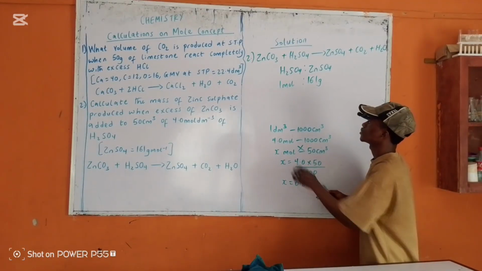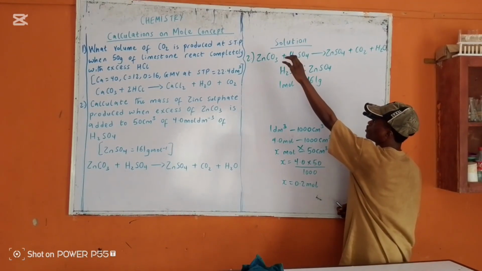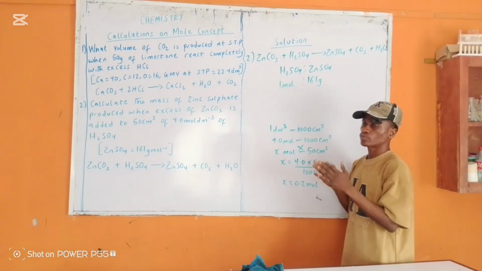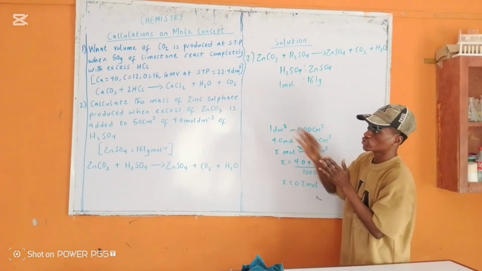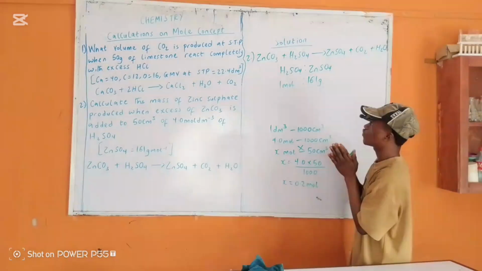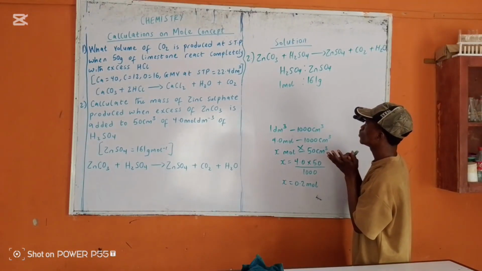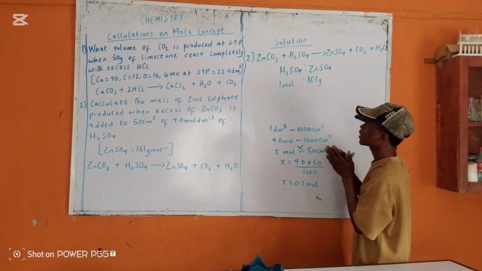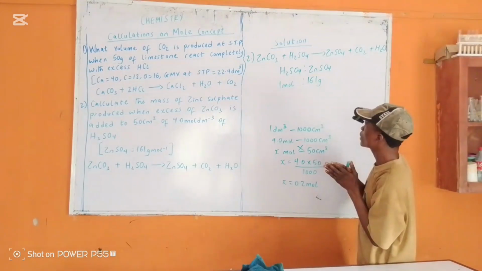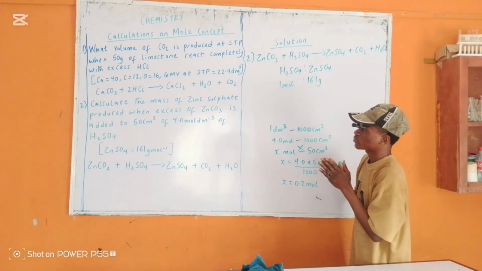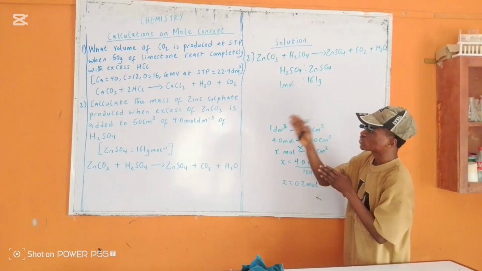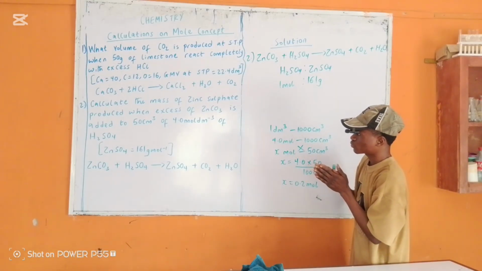So from the equation that we are going to make use of, we have 1 mole of H2SO4 producing 161 gram of zinc sulfate. Now, what's the question? Calculate the mass of zinc sulfate produced.